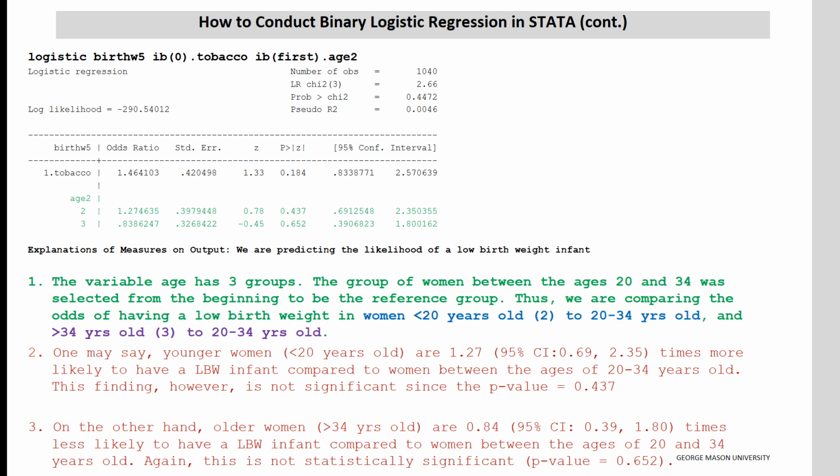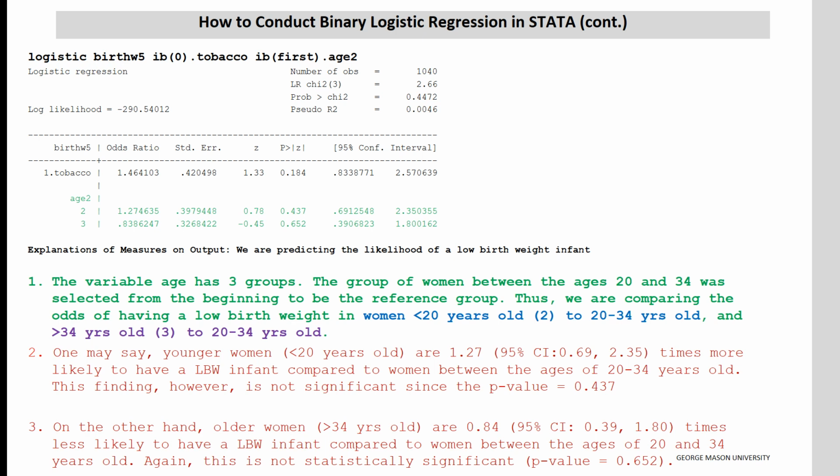Now remember, when you write the findings from a logistic regression output, you want to make sure not only you show the value of the odds ratio, but also you display the 95% confidence interval next to the odds ratio. This is important for many reasons, but one of the reasons is that the confidence interval can tell us how stable or unstable, how accurate or not so accurate the odds ratio may be.